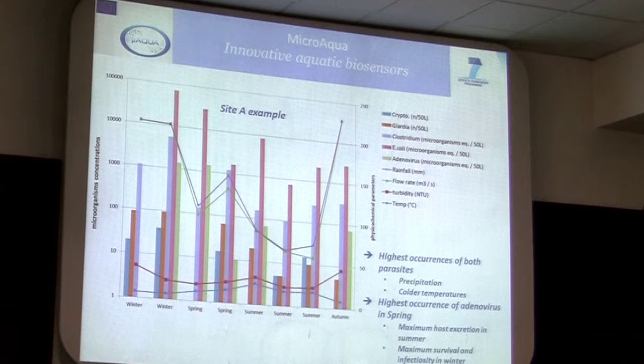This could be explained because the maximum host excretion occurs in summer, when there's a maximum of recreational activities and human contact with water, but the maximum survival and infectivity occur in winter, when the temperatures are lower.